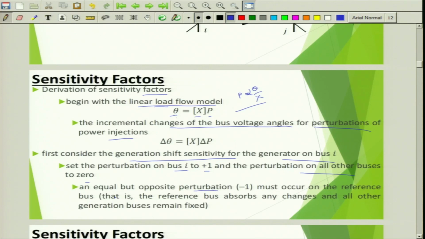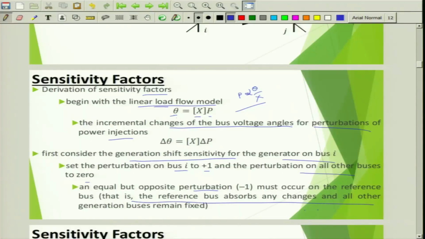I already told you there is a compensation from the reference bus side. If there is an increase in generation at bus I, there will be a decrease in generation at the slack bus, and if there is a decrease at bus I, there is an increase at the slack bus. The reference bus absorbs any changes and all other generation buses remain fixed. Now it is dealing between one PV bus and the slack bus. All other PV buses are simply sitting quiet, not making any changes.